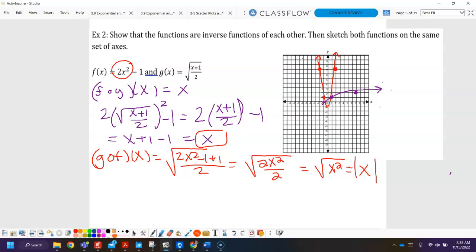Because the square root's positive, if I were to restrict f of x's domain, I would want x values greater than or equal to 0. Because again, these points over here don't exist.